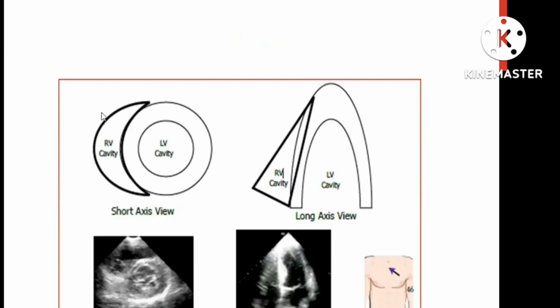From the short axis view, it should look C-shaped. And the long axis view is almost triangular. If there are abnormalities, then this will be enlarged, or it will press or push the left ventricle, and sometimes the LV will become D-shaped.